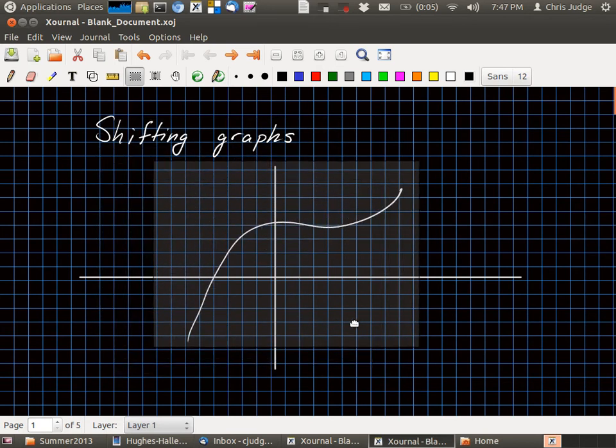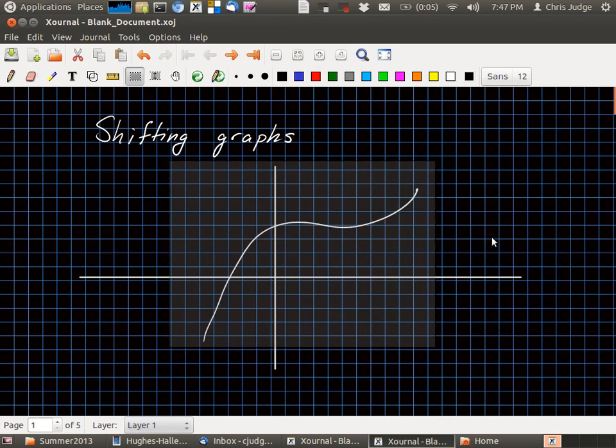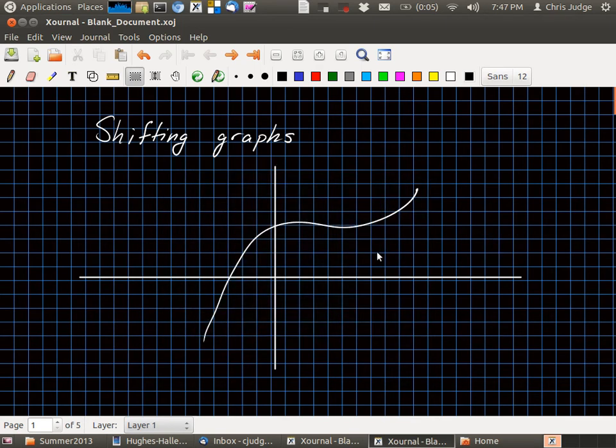What we're interested in here is what's the change in the actual function. Each of these graphs corresponds to a function, and we'd like to know how to re-express the original function and get the new function whose graph corresponds to the new graph.